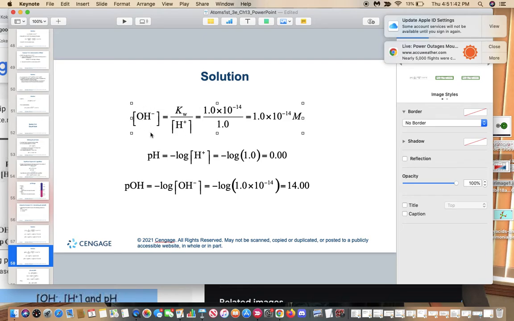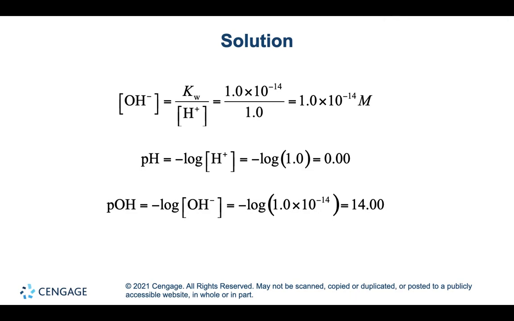So there's a mistake in this solution. I can't edit this because it's a picture, not text. So I will edit it before I print these notes out and give them to you on Tuesday. But imagine that where it says OH minus equals Kw over H plus, it actually should say H plus equals Kw over OH minus.